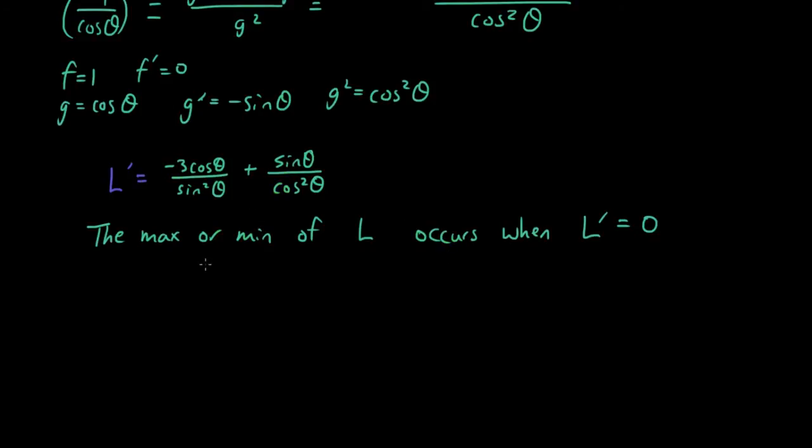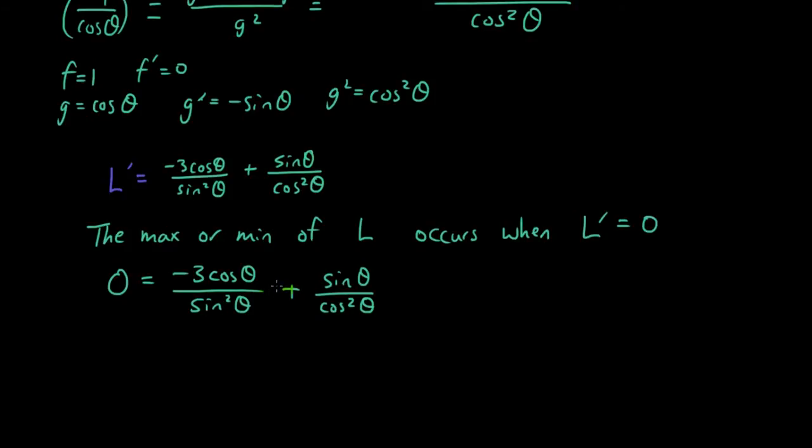So we can now set 0 equal to negative 3 cos theta over sine squared theta plus sine theta over cos squared theta, and we now need to solve it and find out what theta is.